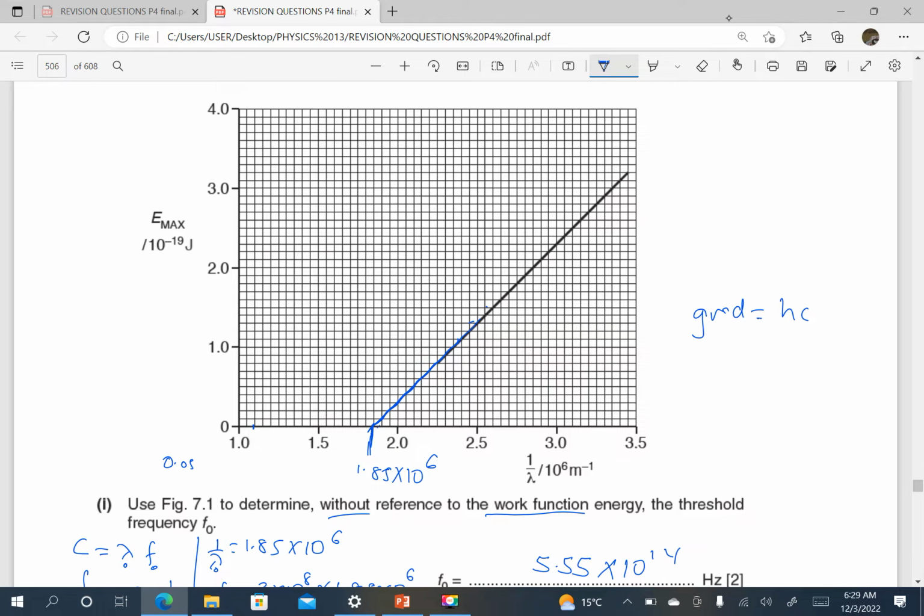Its y-intercept should be around 1.1, not 1.2. So I will check. This is easy. I will just measure off.